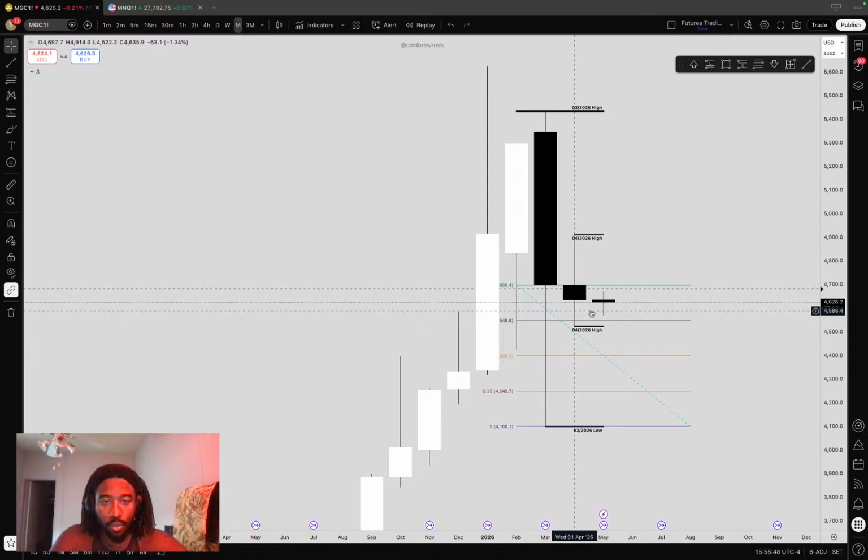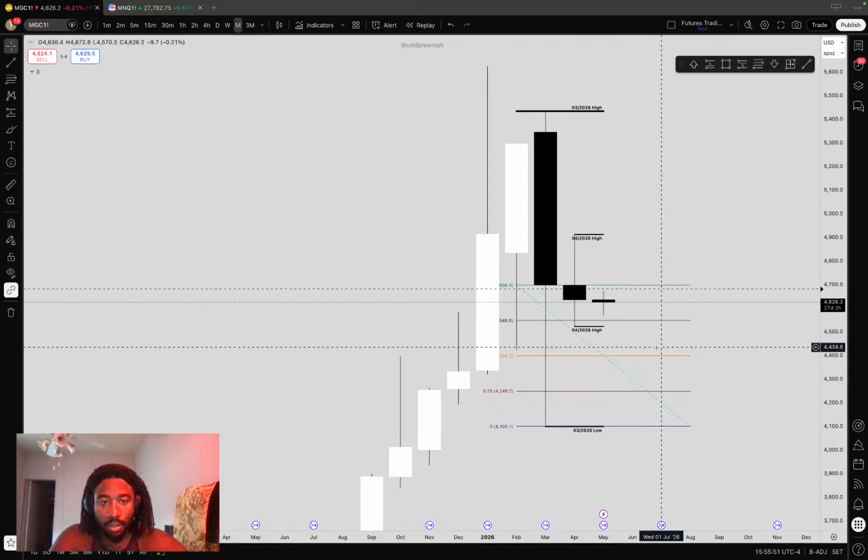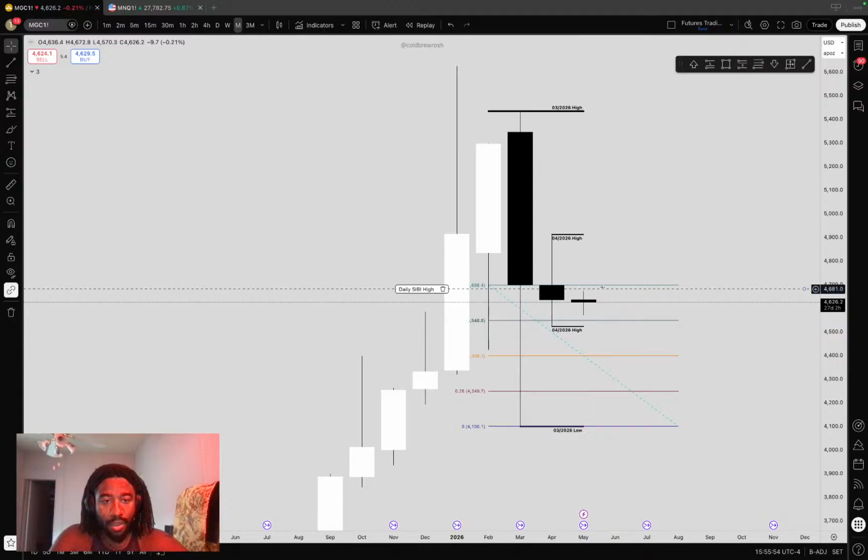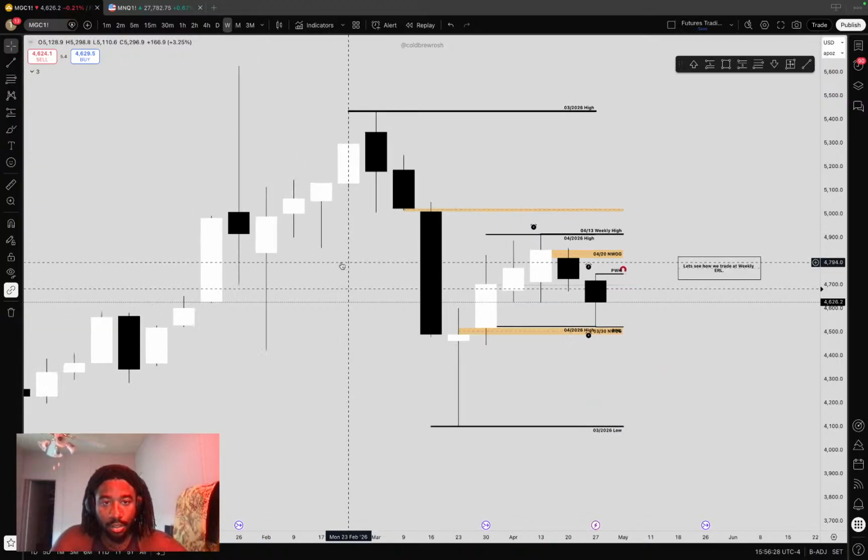We can treat wicks as gaps that we can label, but we could also possibly use these quarterly areas as places of support or resistance where we can see whether or not we get a pattern on our entry time frame, whether the 5 minute or 15 minute. We can view whether we get an entry pattern at any of these wick grades here. So those are the things that we have labeled for our monthly. Okay, so that provides us guidance.